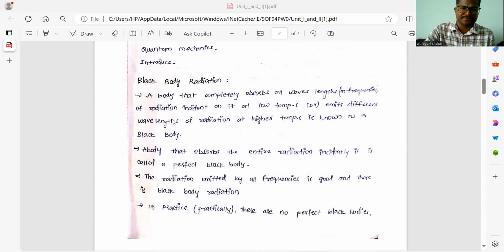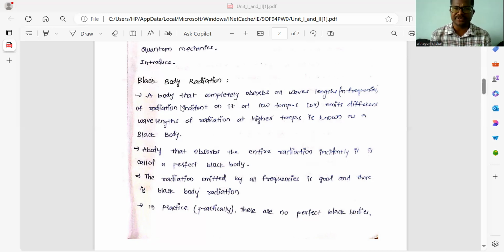Black body radiation. A body that completely absorbs all wavelengths of radiation, or emits different wavelengths of radiation at high temperature, is known as a black body.